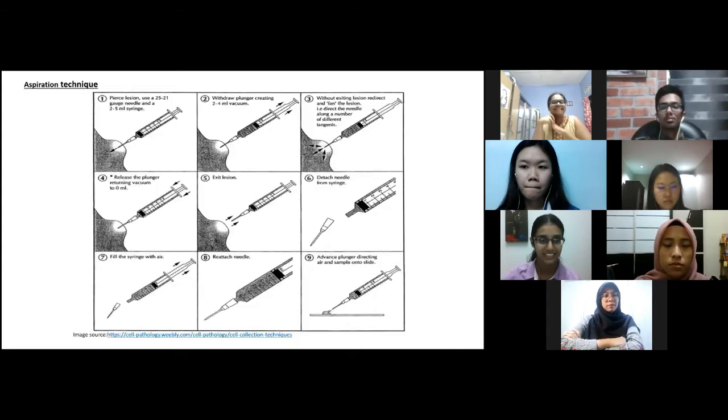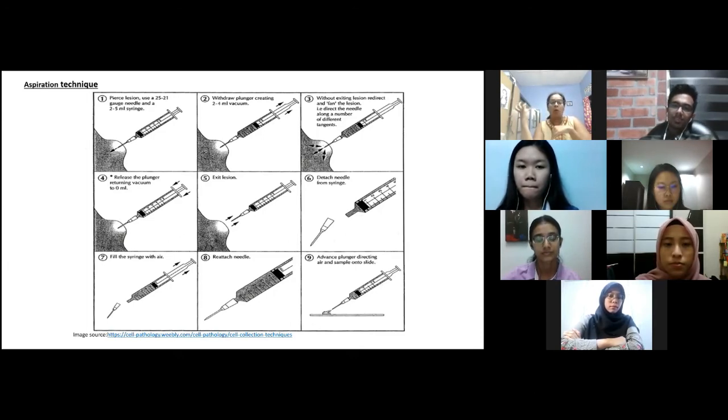Okay, so as you can see, like I have already explained before, you need a needle and a syringe. You connect both of them, you pierce into the mass, and then you withdraw a bit. This has to be done several times while you are inside the mass, and do not come out completely.